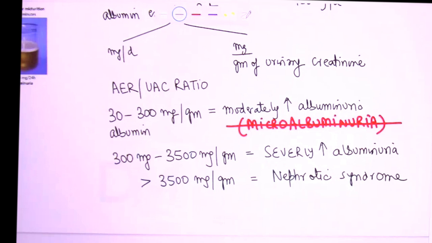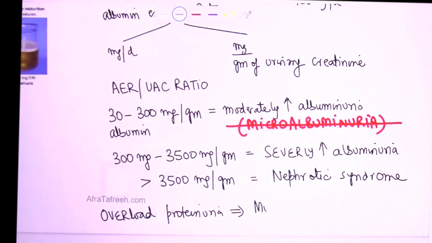Multiple myeloma is characterized by Bernstein's proteins. You all know about paraproteins, the incomplete light chains that are produced, or positively charged proteins that are present. So paraproteinuria or multiple myeloma can have up to 10 grams, because obviously there is an overproduction of proteins in the body. So you would have read about this term, overload proteinuria. Overload proteinuria simply means that there is an excess amount of proteins in the blood and therefore they're coming in the urine.